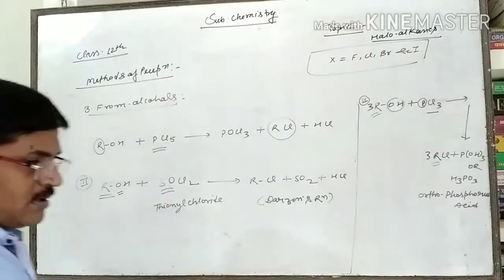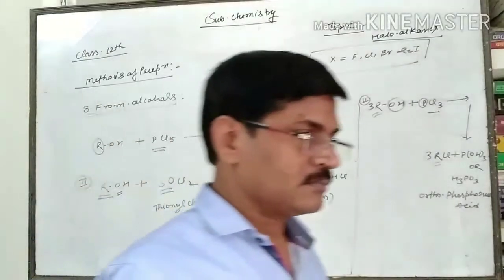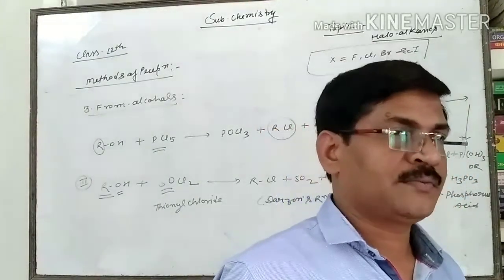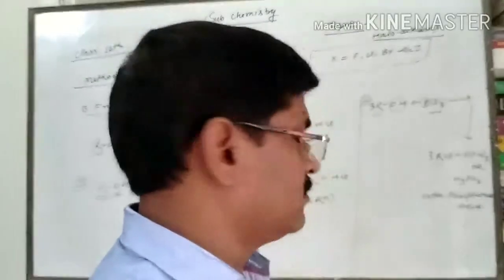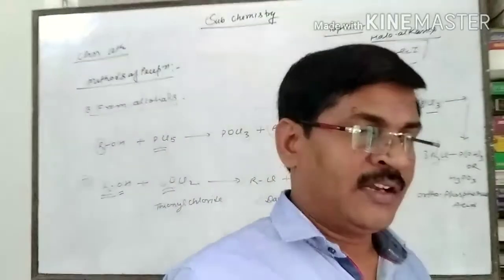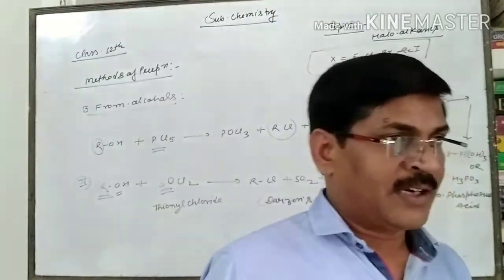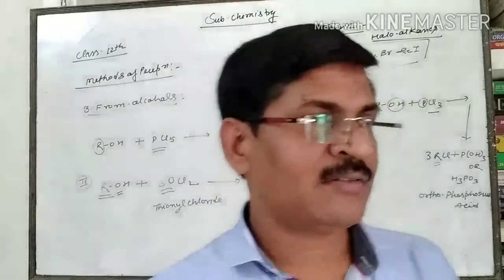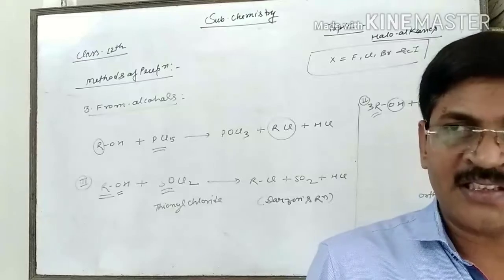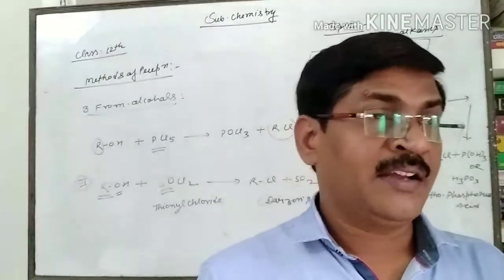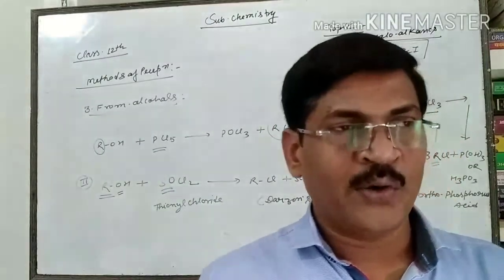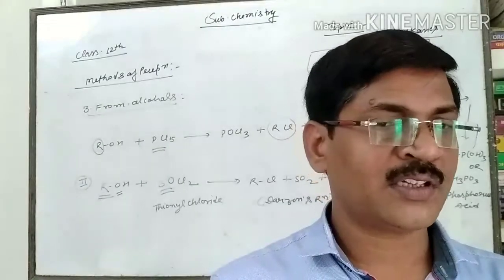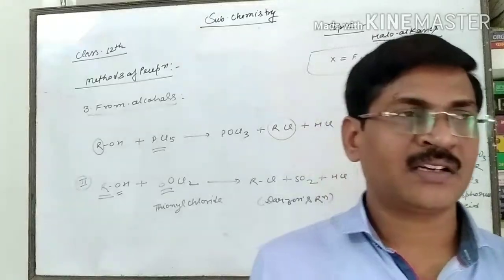So you are seeing, all of you have prepared alkyl halide or haloalkane from alkanes, and then after from alkenes. In alkenes you have to see symmetrical or asymmetrical. If symmetrical, then directly you can add hydrogen halide, and if unsymmetrical, then you follow either Markovnikov or anti-Markovnikov. That one is also known as Kharasch effect or peroxide effect.